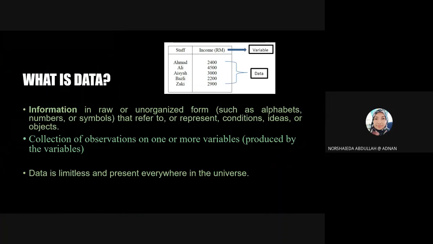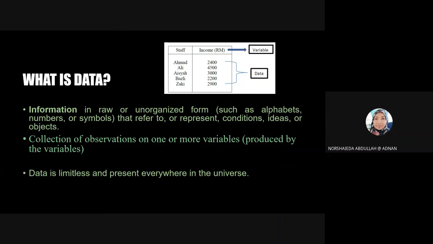First, you need to understand what is data. It is easy, you actually know what data is, but the definition of data is information in a raw or unorganized form. Data can be in the form of numbers, symbols or alphabets that represent conditions, ideas or objects.